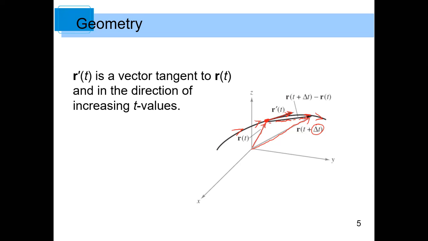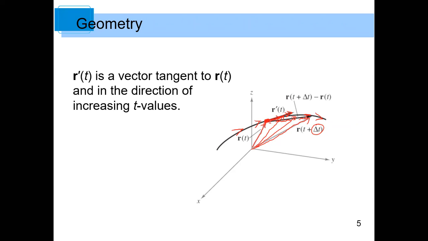You might say, yeah, but it's also getting really small. Well, what's going to stretch it back out is dividing by delta t. Yes? Like if I were to let this thing get closer and closer like this, you could see that this vector that joins these two ends is getting smaller and smaller.